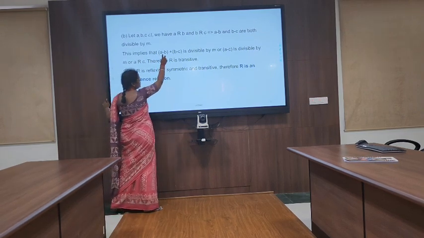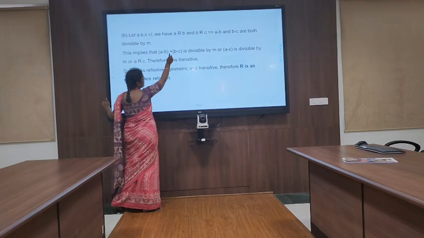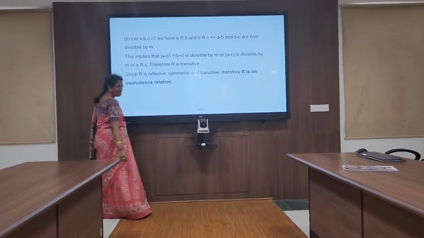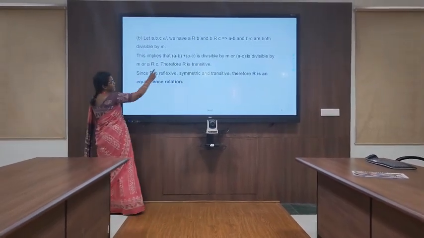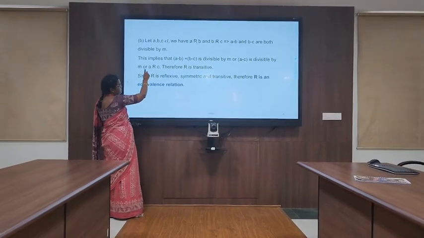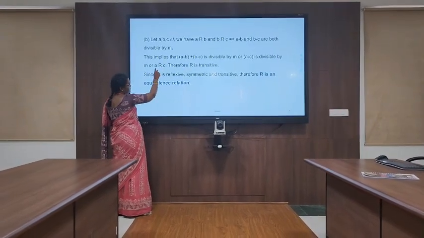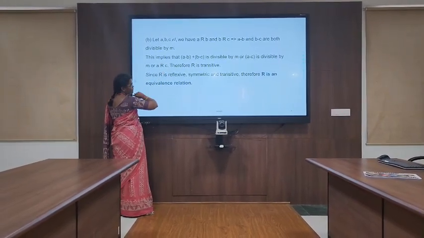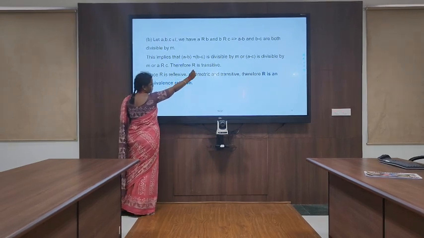Hence, A minus B plus B minus C, the sum, is also divisible by M. This shows A minus C is divisible by M, so by the question condition A is related with C. So, the transitivity property holds.